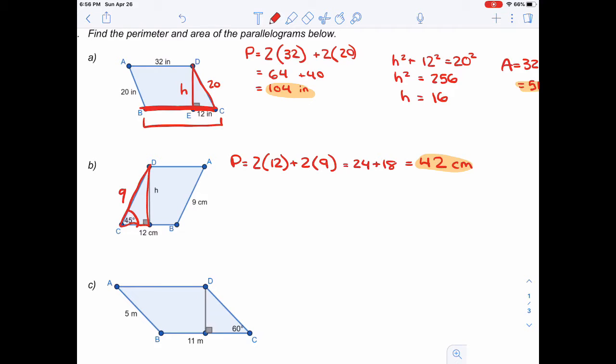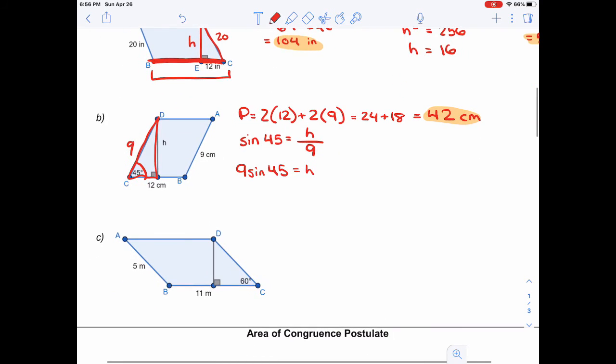So if we wanted to find h, looking at angle C, we have our opposite over our hypotenuse. Remember, opposite over hypotenuse, that's when we use our sine. So we're going to have sine of 45 is equal to our h over our hypotenuse, which in this case is 9. And to solve for h, we're just going to multiply both sides by 9. So 9 times the sine of 45 is going to be our h. And if you enter that in your calculator, make sure you're in degree mode.